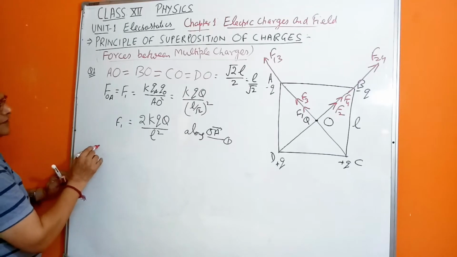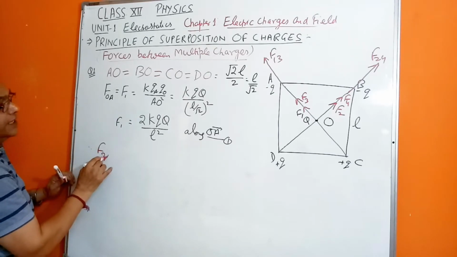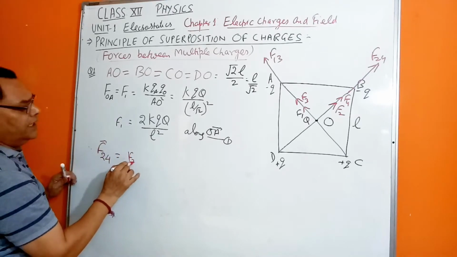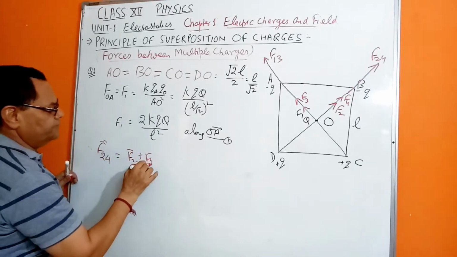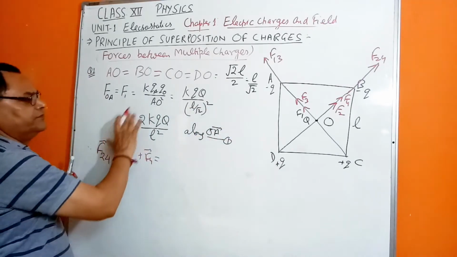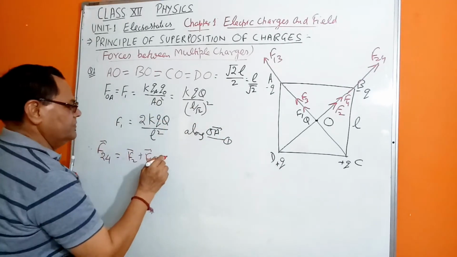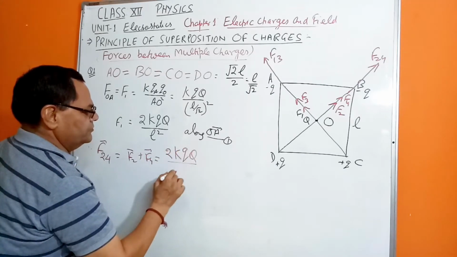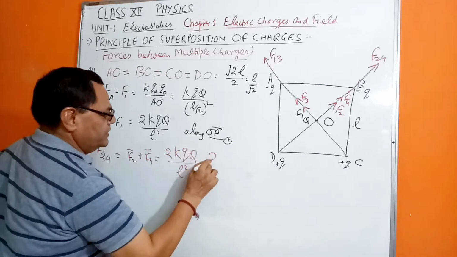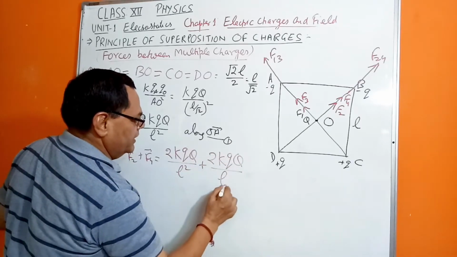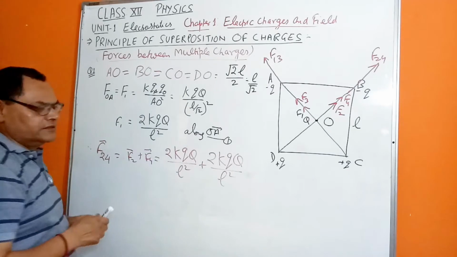So the total force F24 is nothing but F2 plus F4, because they are pointing in the same direction. We will add, and numerically they are the same. So you will have 2k small q capital Q upon L square plus 2k small q capital Q upon L square.